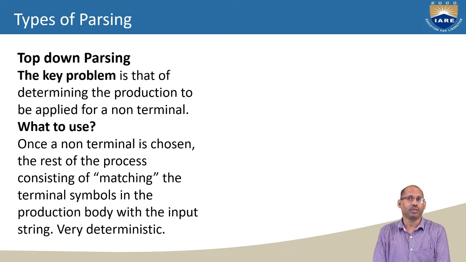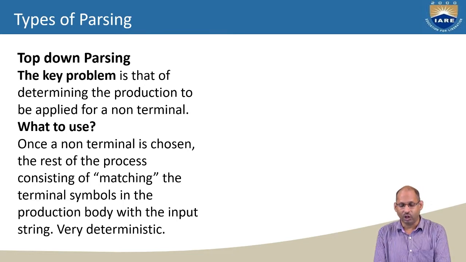Next, the top-down parsing method. The key problem is that of determining the production to be applied for a non-terminal. A grammar is given and a string of terminals is given, and in this top-down parsing method we have to consider determining the production to be applied for the non-terminal.